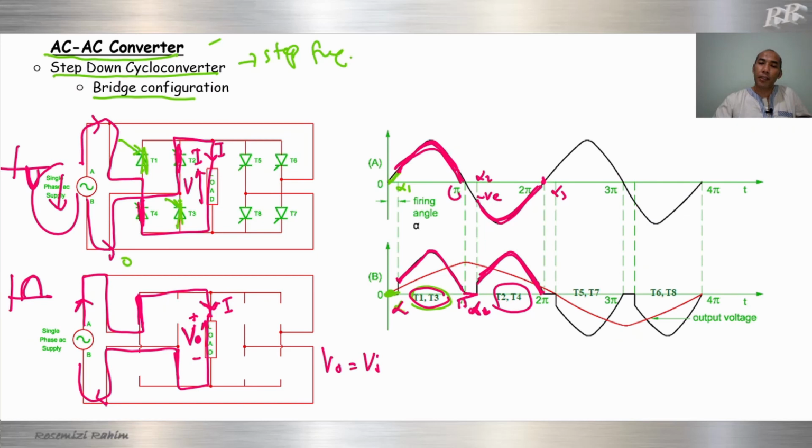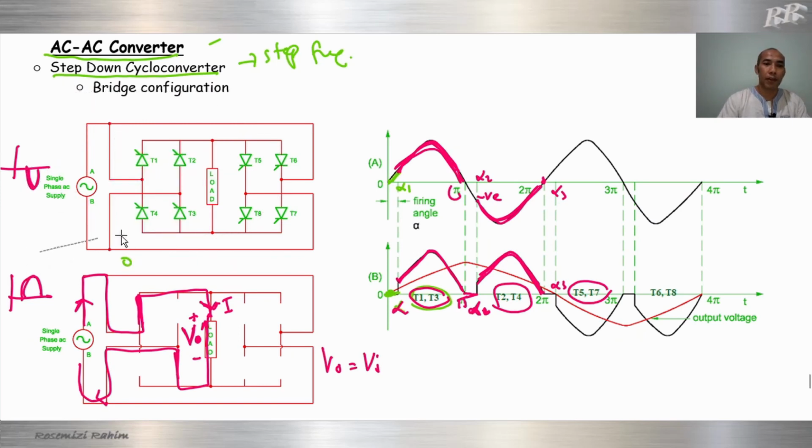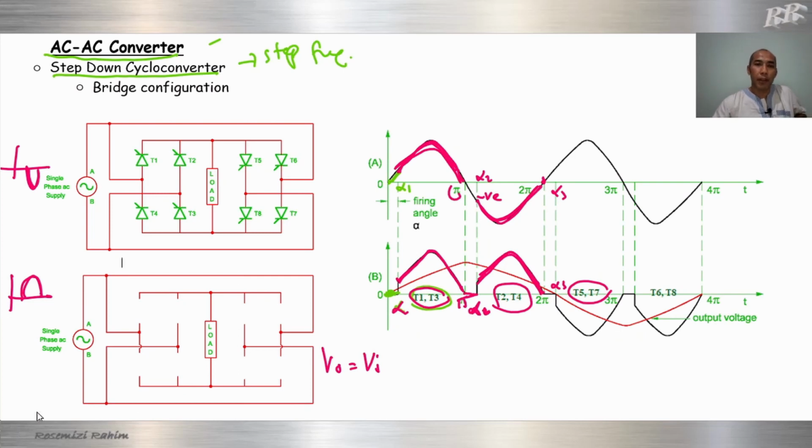At alpha 3, we trigger T5 and T7. Okay, when we trigger T5 and T7, T5 and T7 will be switched on. This thyristor switched on, and this thyristor switched on.